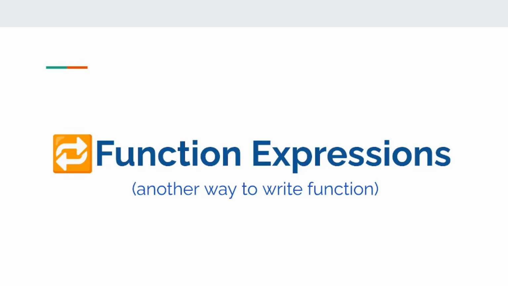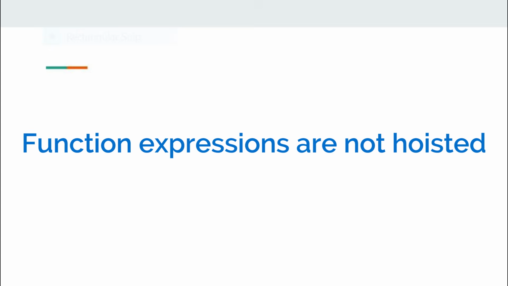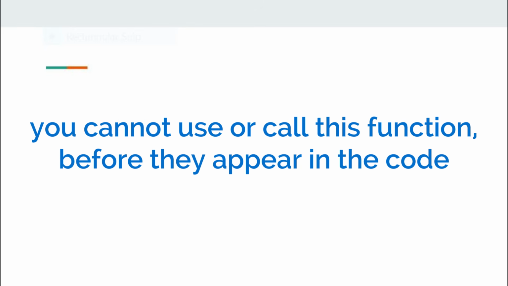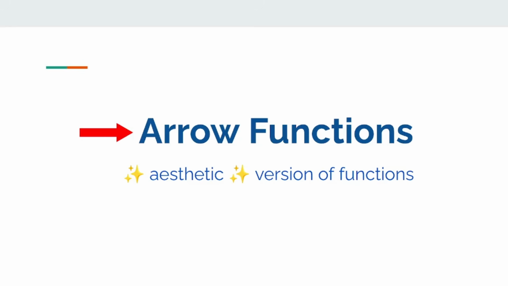There's another way to create functions called a function expression. Here, you store a function inside a variable. The important difference is function expressions are not hoisted, which basically means you cannot use or call this function before it appears in the code. There's also the modern style, or let's say aesthetic one, arrow functions. They work the same, but they are cleaner and shorter.